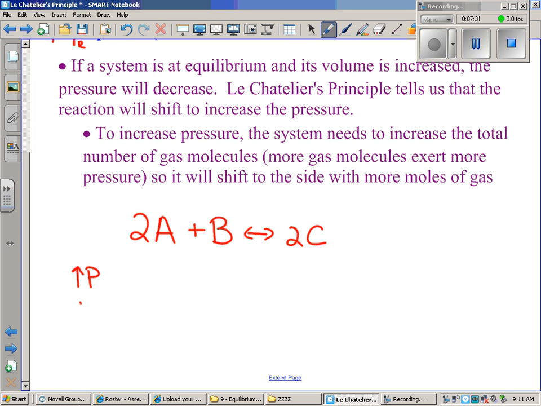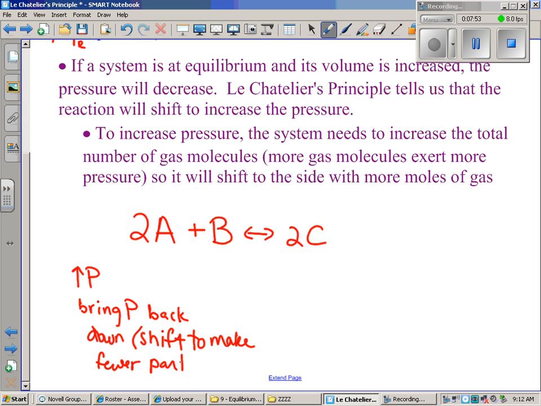So it wants to bring P back down. That's what it wants to do. So it needs to shift to make fewer moles, make fewer particles. And we can see relative numbers of particles in the coefficients.